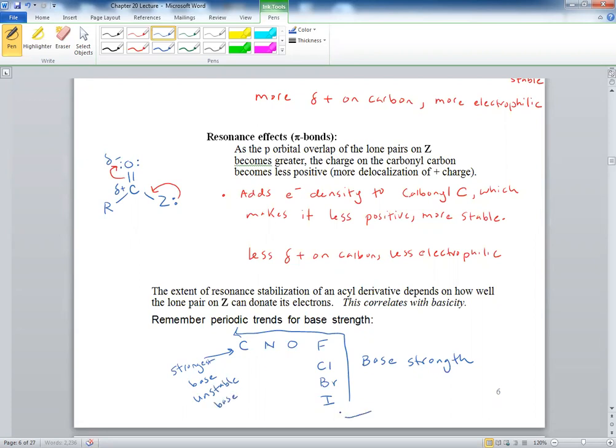And then this would be the weakest base, most stable.